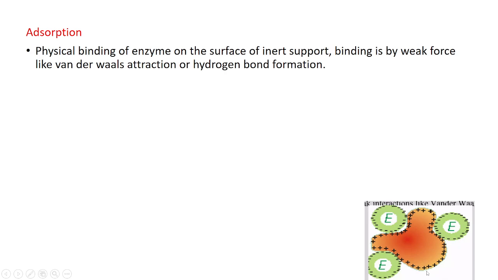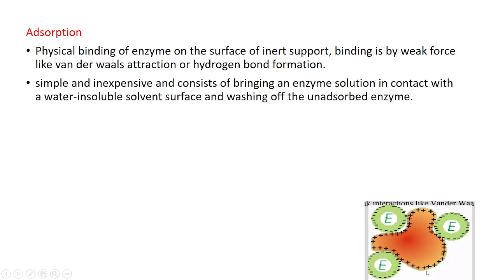Next one is adsorption. This is the third method. Adsorption is a physical interaction of the enzyme onto a water insoluble matrix. Here a physical bond is formed on the surface of an inert support, and the interaction between the enzyme and the support is very weak, like van der Waals interaction or hydrogen bond formation, and hence this is not very stable.